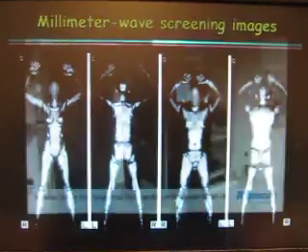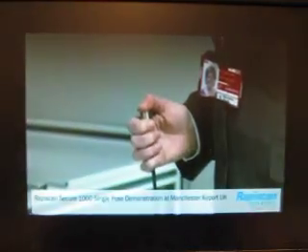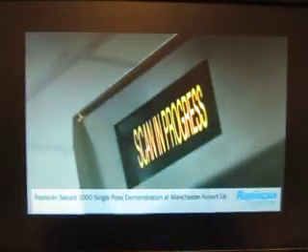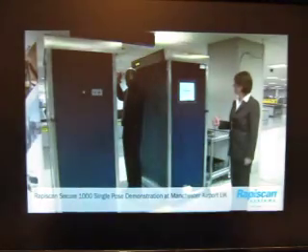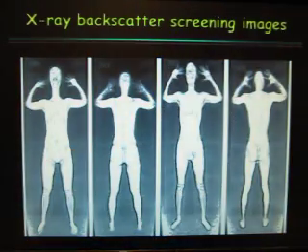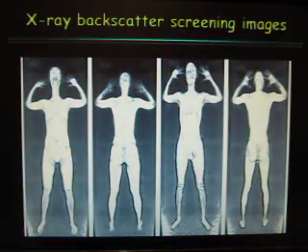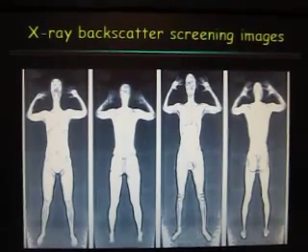And the corresponding X-ray backscatter technology, basically you stand with your hands up in between two big boxes here, and essentially the same thing happens, that X-rays are bounced off both the front and the back of you, and you get images which the viewer can see. These are blurred images, essentially.